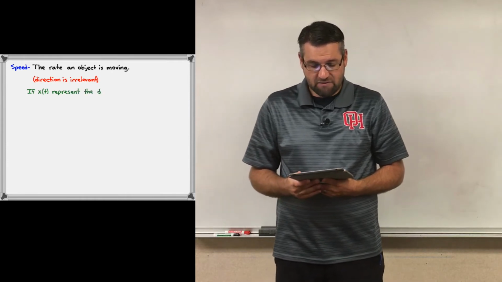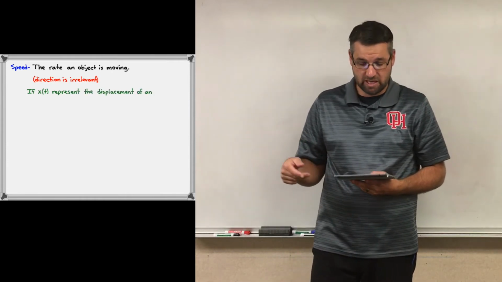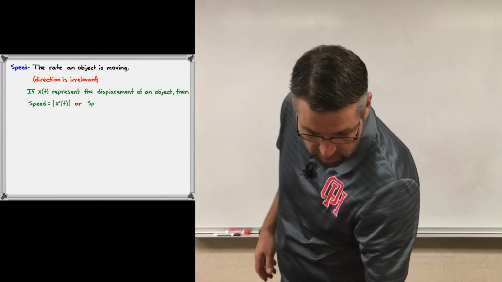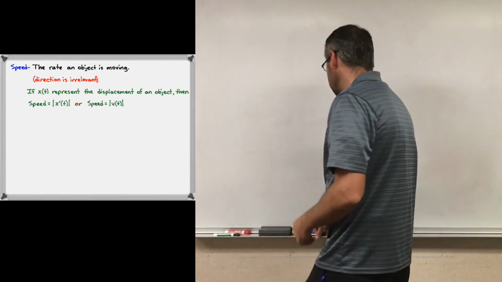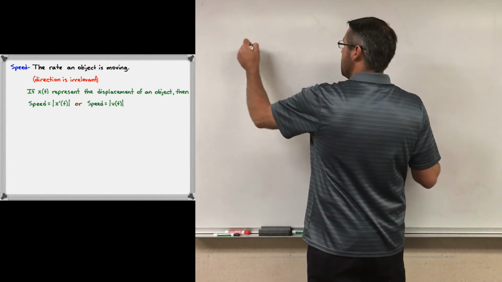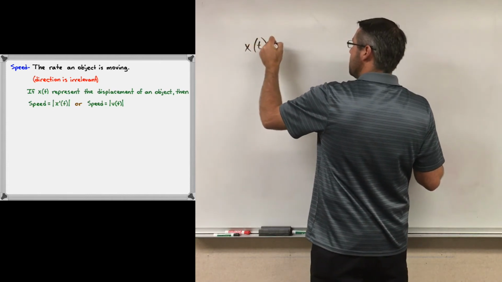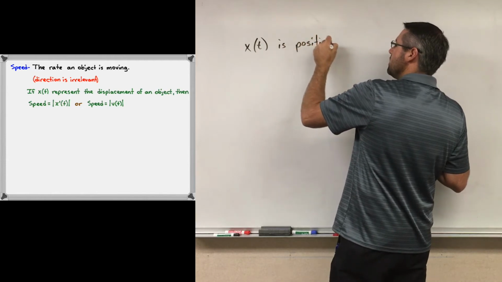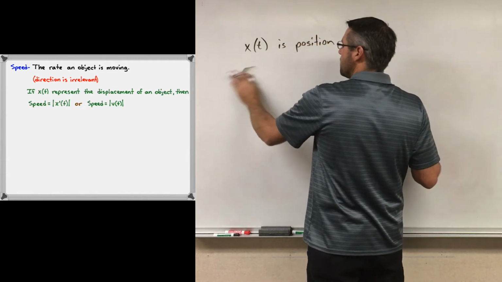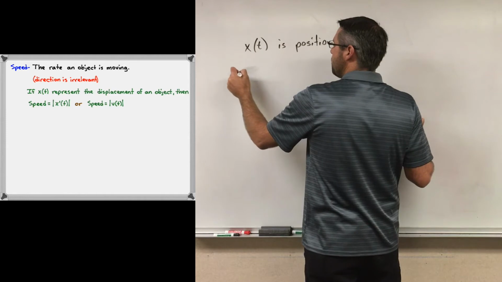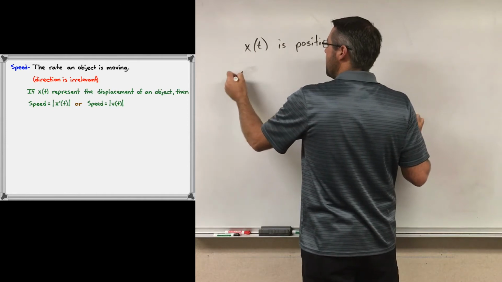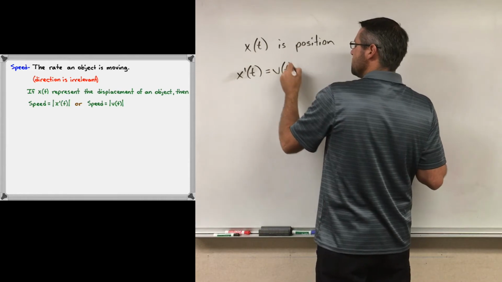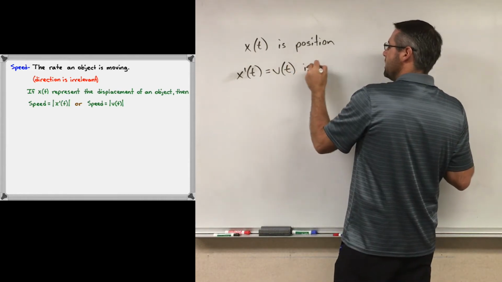Okay, if x of t represents displacement or position, let me write this down, x of t is position, then we know that x prime of t is equal to v of t, which is the velocity.